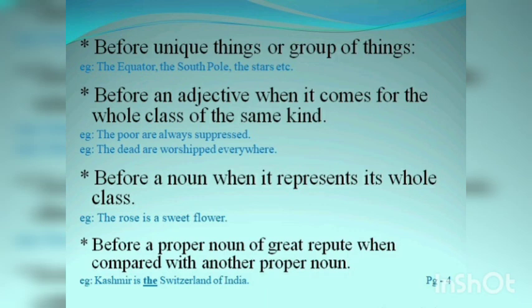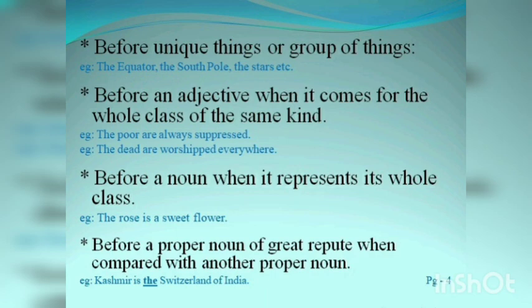Okay, before a proper noun of great repute when compared with another proper noun. I repeat, before a proper noun of great repute when compared with another proper noun. For example, Kashmir is the Switzerland of India. Here two proper nouns are there in the same sentence, Kashmir and Switzerland.